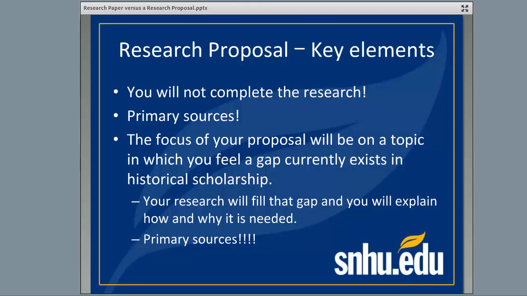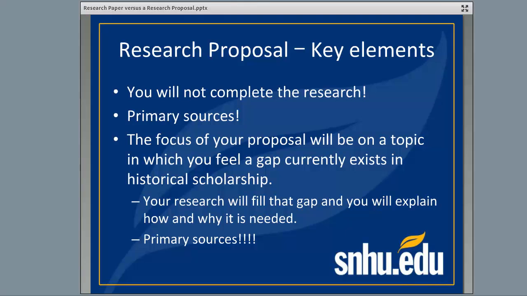Primary sources are very, very important to the research proposal. When we focus on primary sources, we are looking at the foundation upon which your case that additional research is needed is built. The focus of your proposal will be on a topic in which you feel a gap currently exists in historical scholarship.